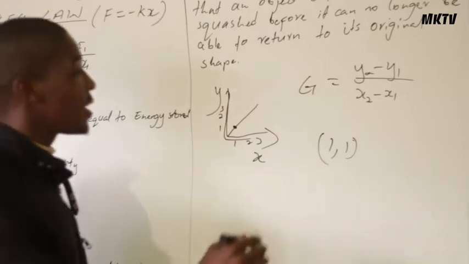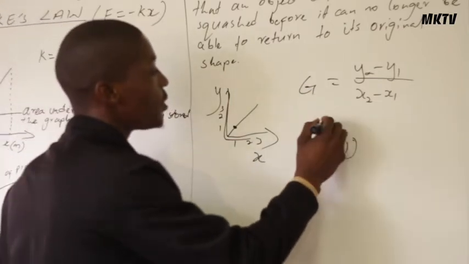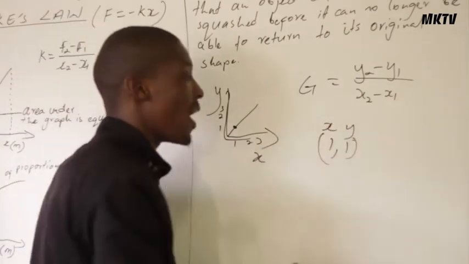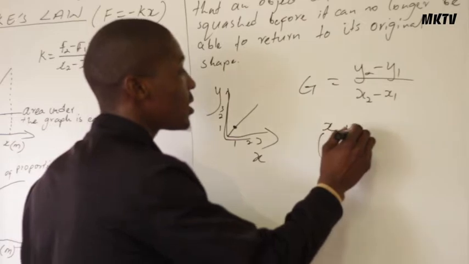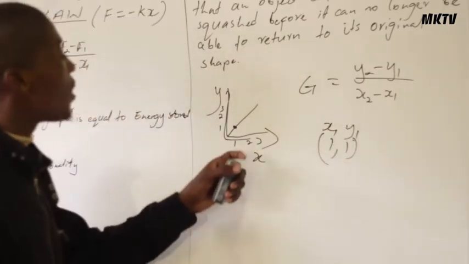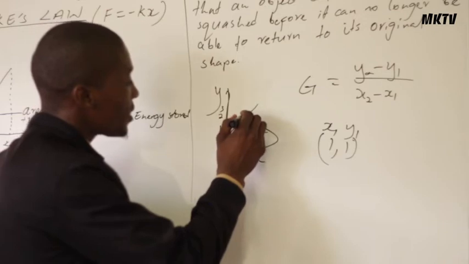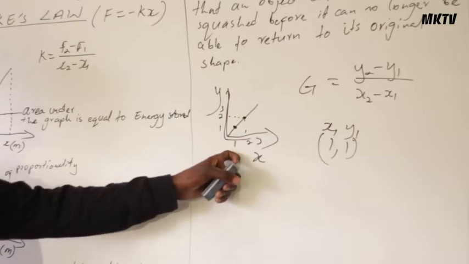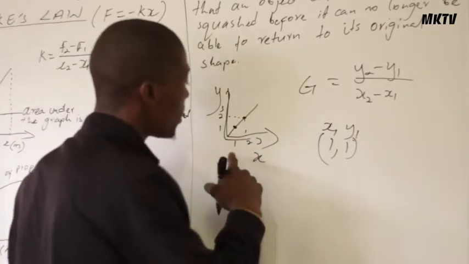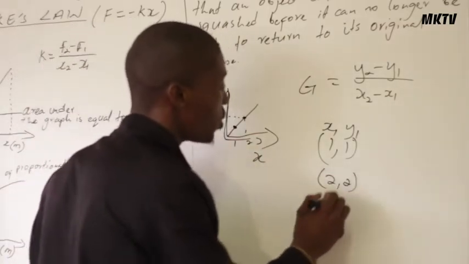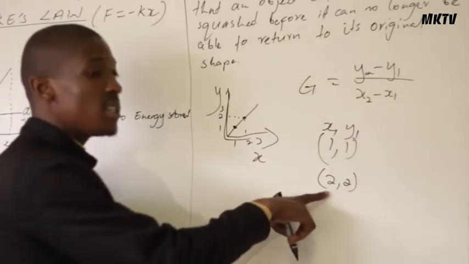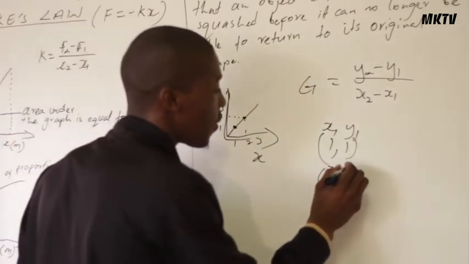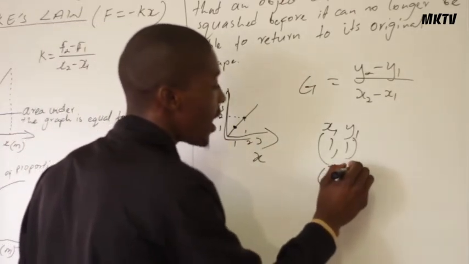The first value represents the x value, and the second one would be the y. So now we have x1 and y1. Again, we will look for another point, say this one, with coordinate 2, 2. This will be x2, y2.